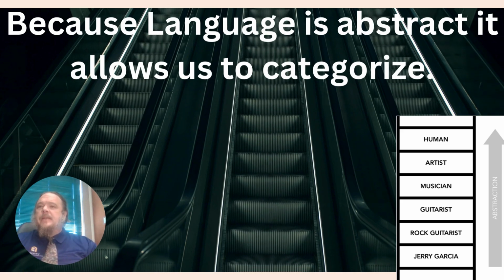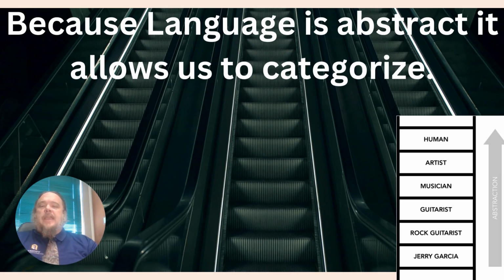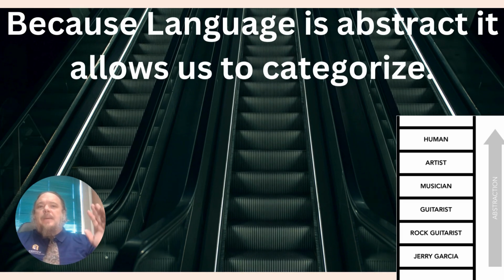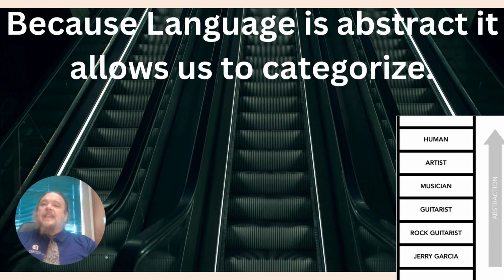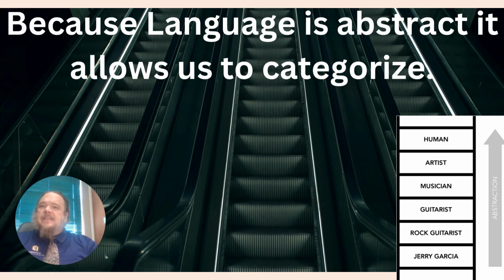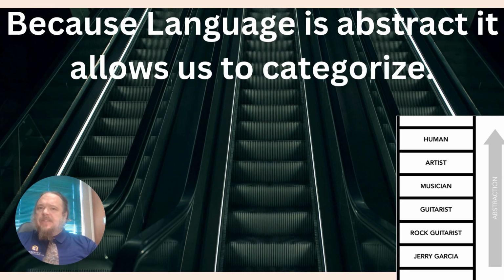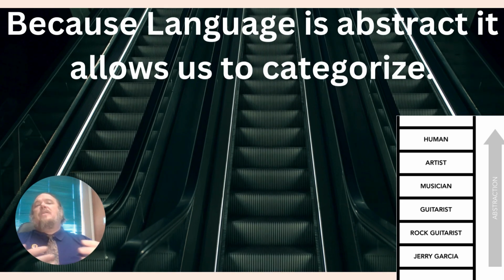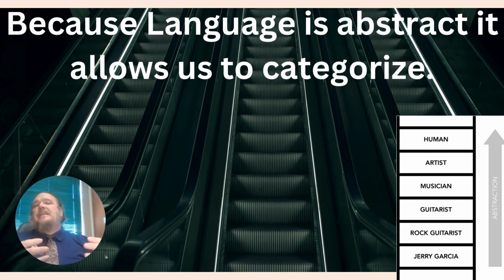Was once, now he's dead. I wonder if he's grateful about that. Anyway, we can go up the ladder of abstraction and say, okay, a little bit more than that, he is a rock guitarist. Okay, a little bit more abstract, he's a guitarist. A little bit more abstract, he's a musician. And a little bit more abstract, he's an artist. And a little bit more abstract, he's a human.